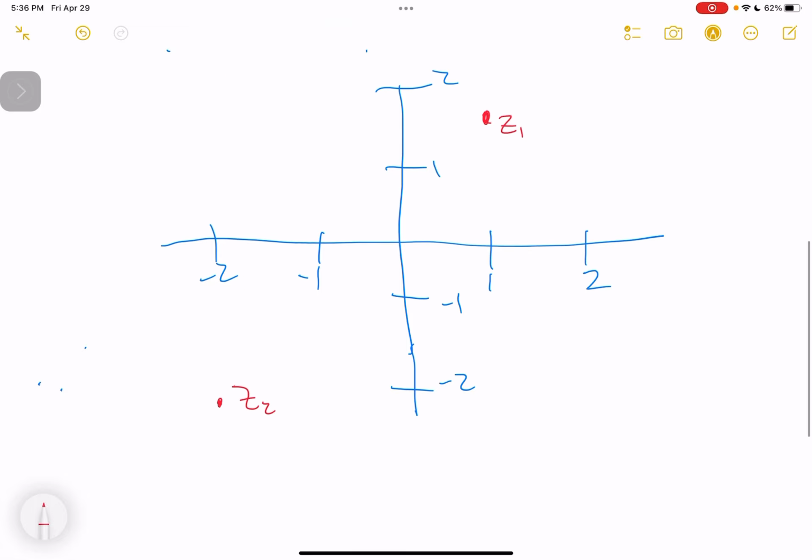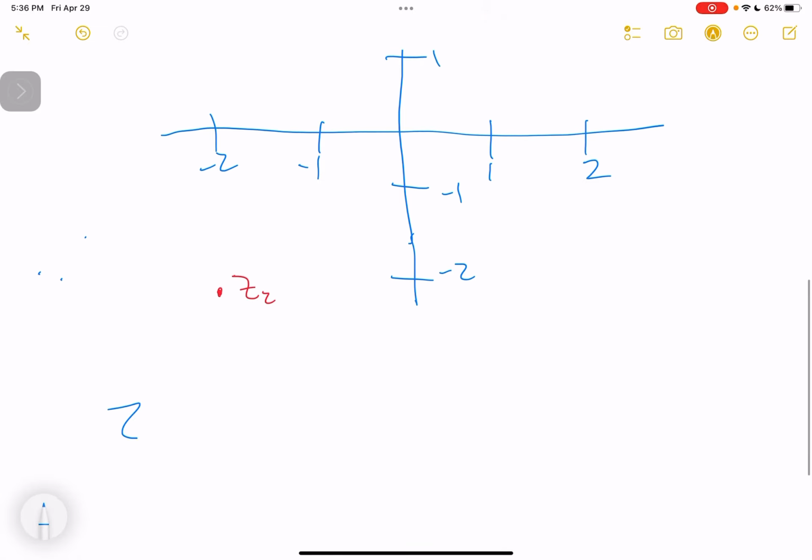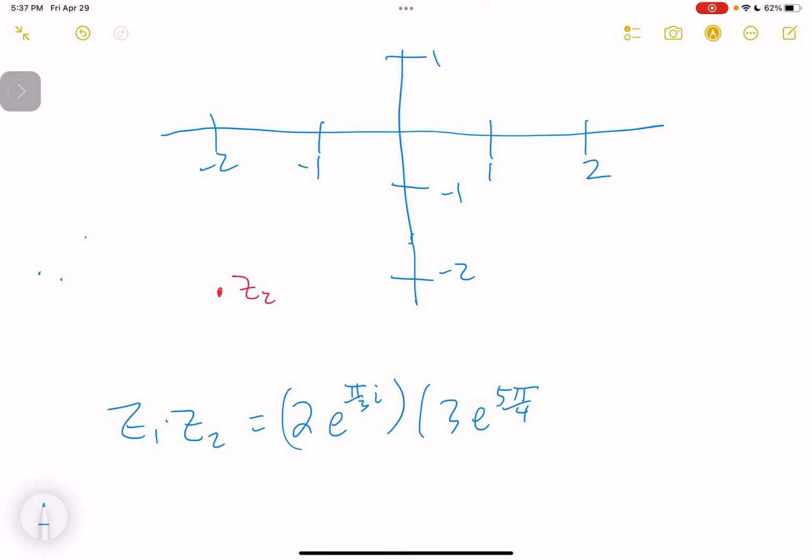So let's find our z3, or the product, I guess I should say. z1 times z2 is going to be 2 times e to the pi over 3 i times 3 times e to the 5 pi over 4 i.